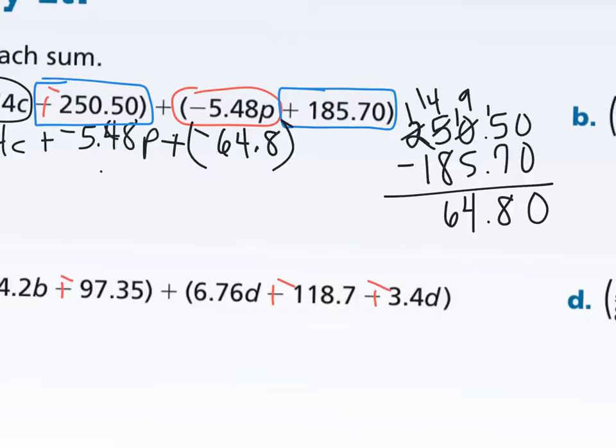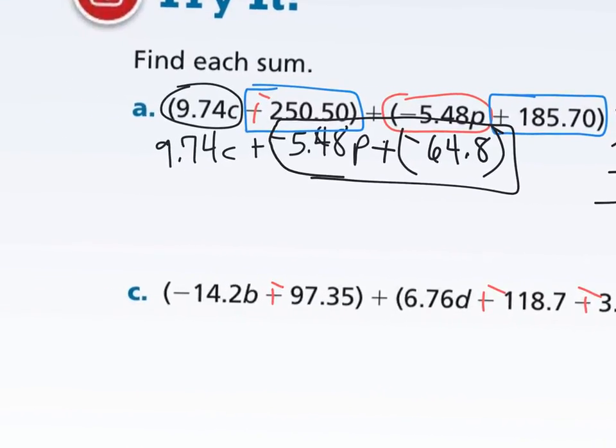And kind of like the book's done, we've talked about it a little bit before. If you want to have parentheses around that negative 64 and 8 tenths, just to make sure you don't lose that negative sign, that's fine.